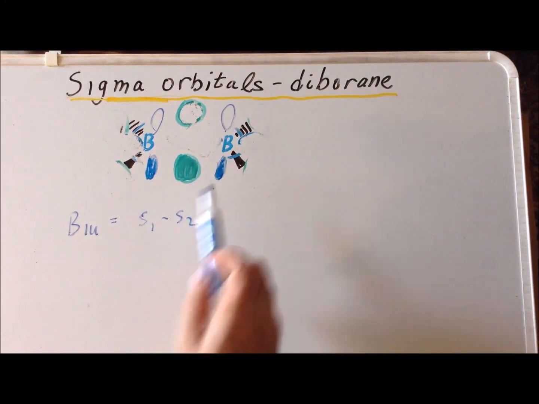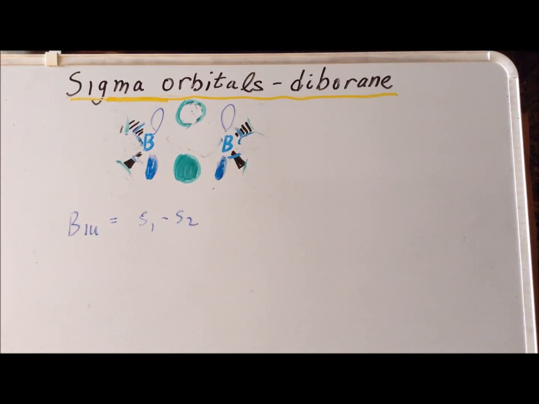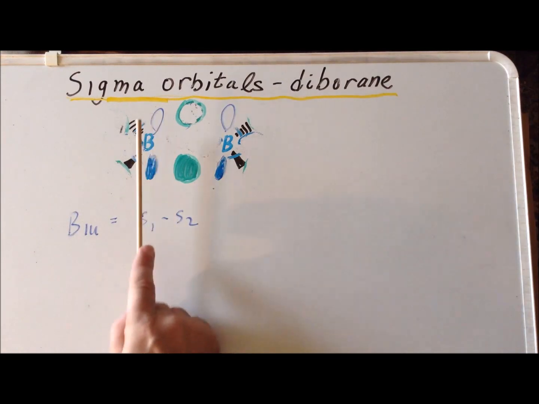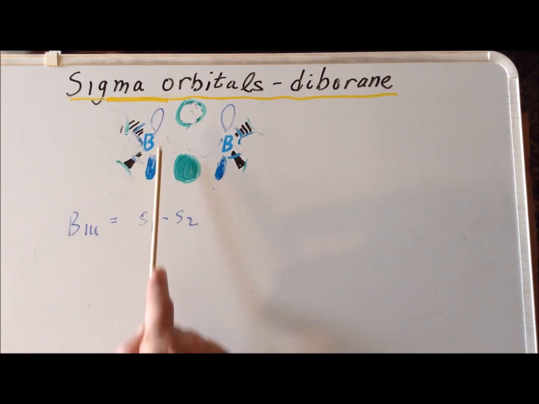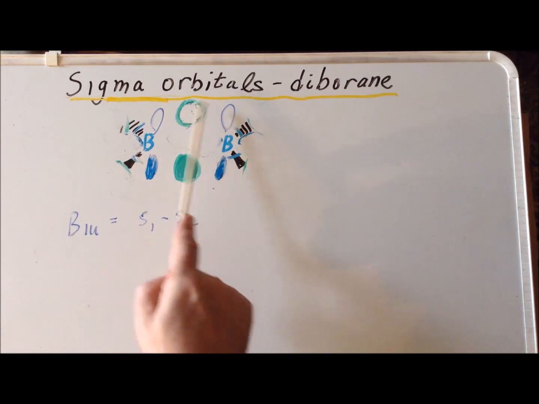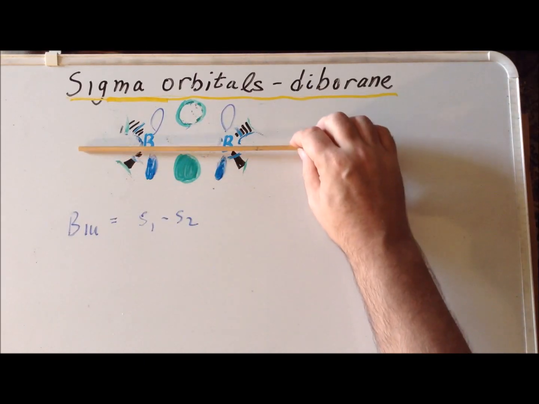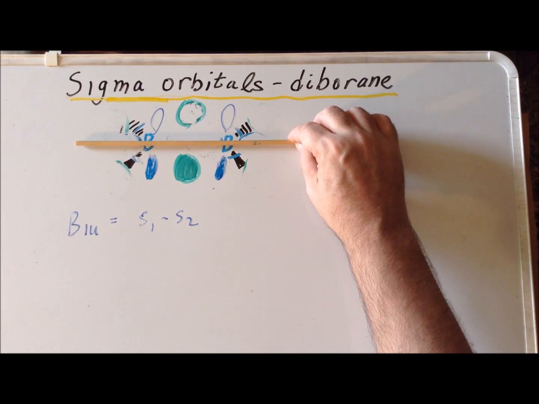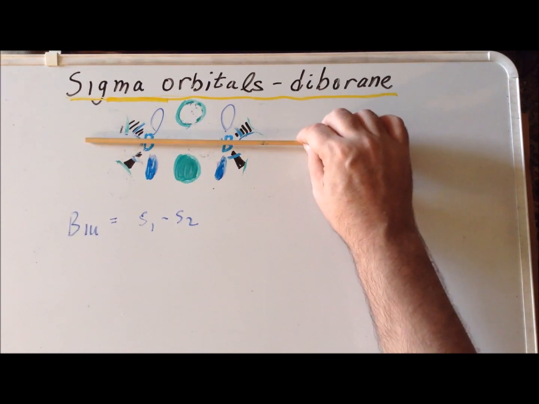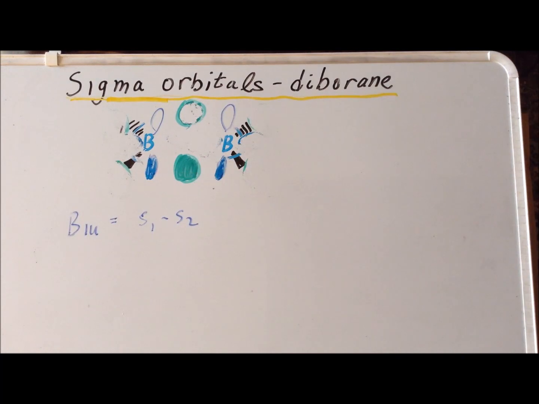This is the pz orbitals on the boron atom, the 2pz. Each of the 2pz's of boron are in a bonding combination with each other, and these lobes are all the same phase, so that's a bonding interaction. These are all the same phase, so that's a bonding interaction. And then we notice that we have a node through the molecular orbital that goes through the 2 boron atoms. So this is the B₁ᵤ molecular orbital combination for diborane.